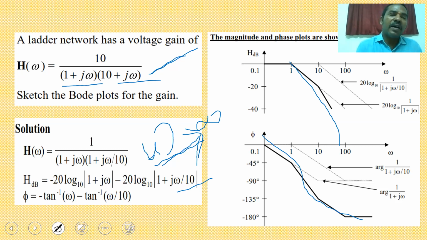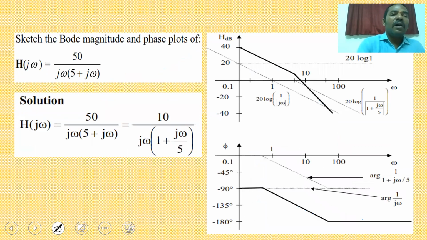So similarly, another example. H of j omega is given as 50 divided by j omega into 5 plus j omega. So finally, I am multiplying by 5, taking common in both the numerator and denominator. So 10 divided by j omega into 1 plus j omega by 5.